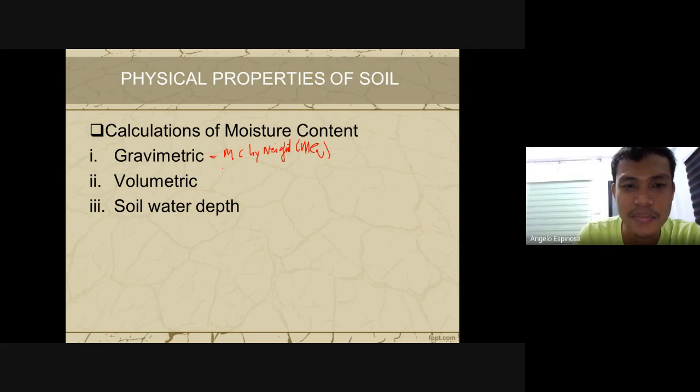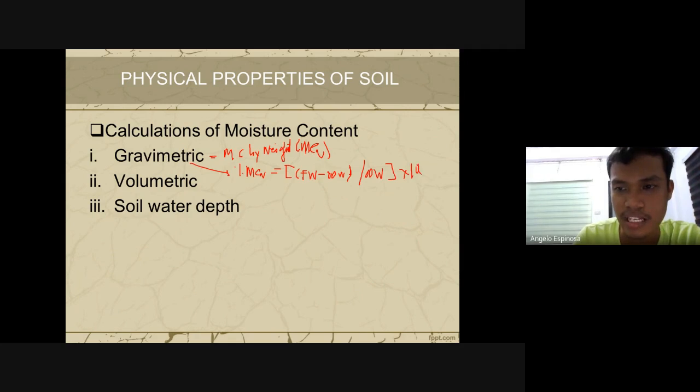Okay? So, pag sinabing the formula of gravimetric is percent moisture content, okay, so percent stands for percent moisture content of the soil by weight, is equals to fresh weight of the soil minus the oven dry weight of the soil, divided by oven dry weight of the soil, times 100.